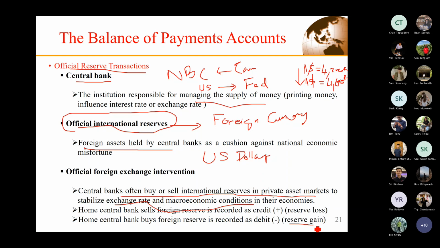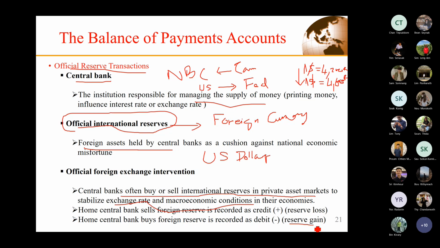One, you record the amount of Cambodian riel that increases when you sell your foreign reserve to the foreign central bank. And in the opposite case, when you buy foreign reserve like US dollar from the central bank, you have to give up some of your home currency, which means the Cambodian riel in the economy would increase.